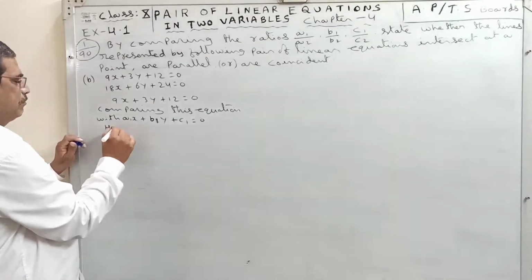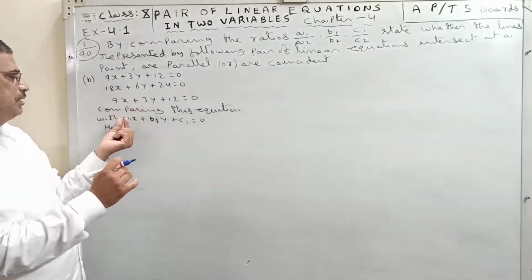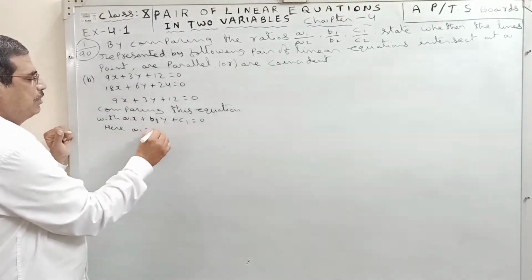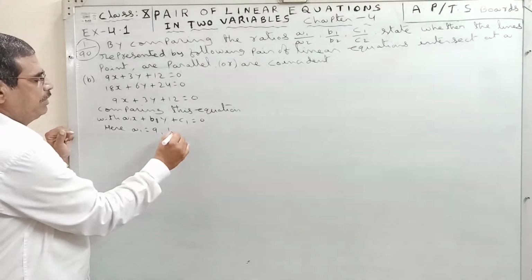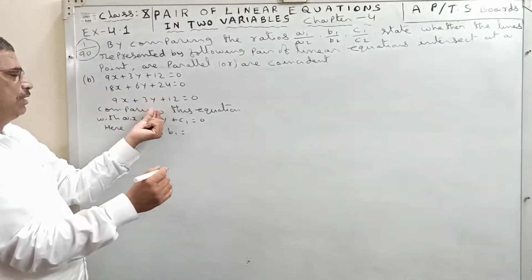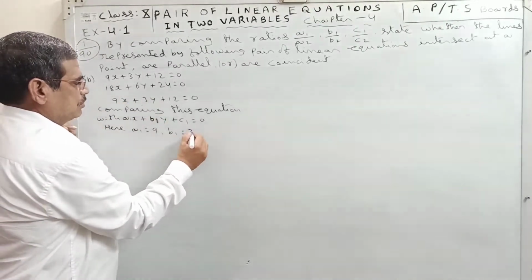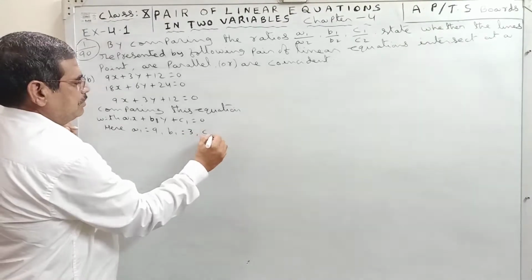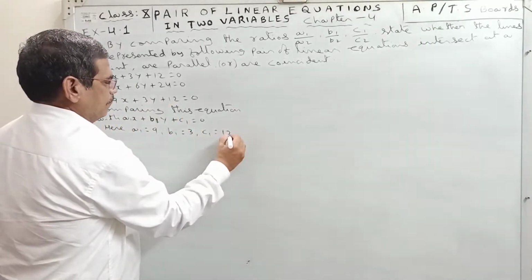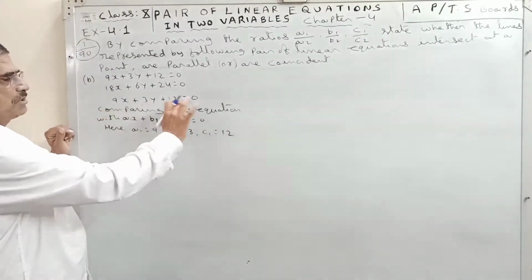Here, what is the value of a1? x is x, so a1 is 9. In the same way, b1 is 3, and c1 is this constant, 12. So these are the values of a1, b1, c1 from this equation.